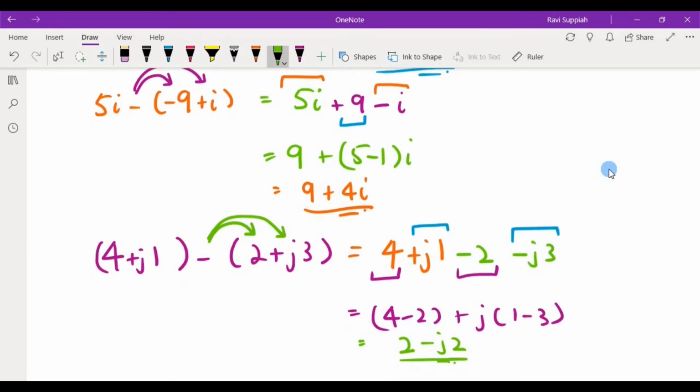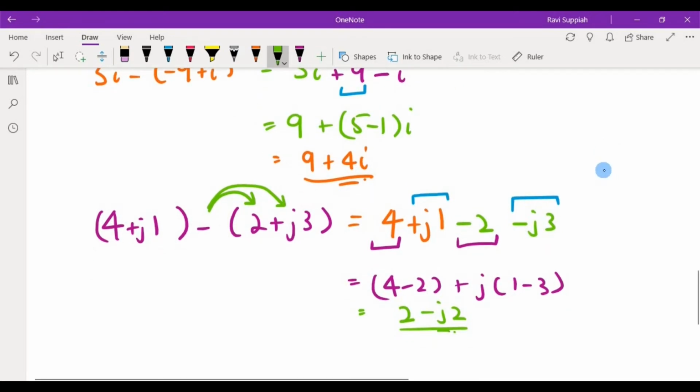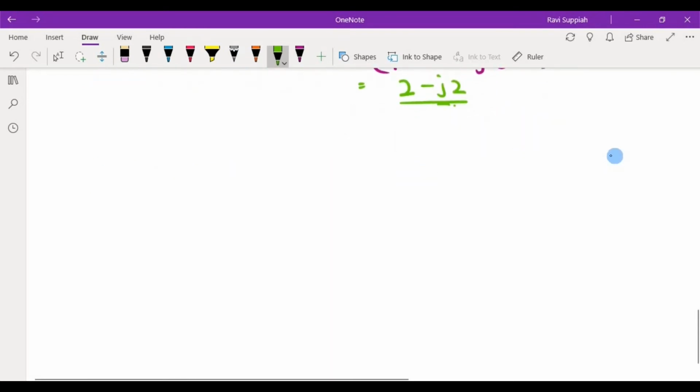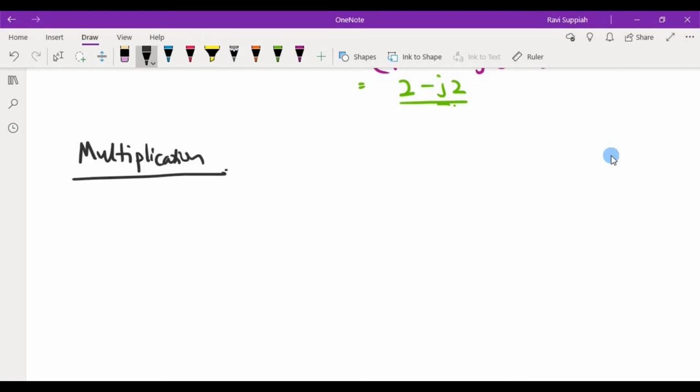So that wraps up the addition and subtraction part of the complex number operations. Right now, let's move on to multiplication. For multiplication, you're talking about multiplying two complex numbers while they are in this current form of a plus jb. So I have two complex numbers. The first one is a plus jb, and the second one is another complex number c plus jd.